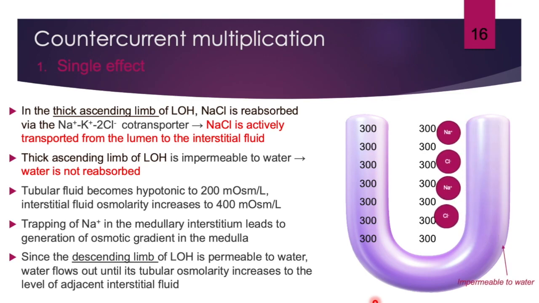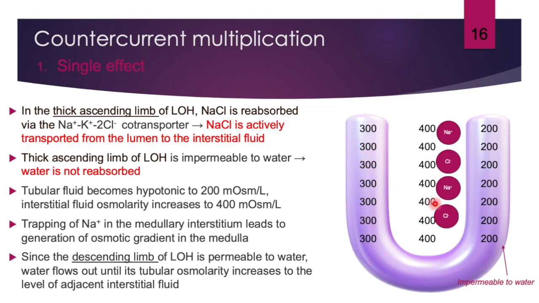Therefore, the tubular fluid in the thick ascending limb becomes hypotonic at 200 milliosmol per liter, whereas the osmolarity of the interstitium increases to 400 milliosmol per liter. The trapping of sodium in the medullary interstitium leads to generation of an osmotic gradient in the medulla. On the other hand, the descending limb is permeable to water.